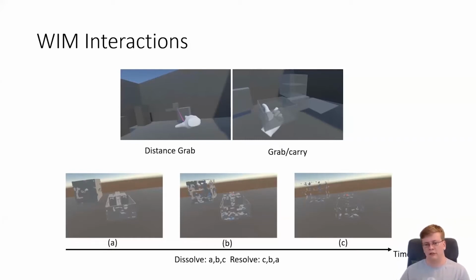He can grab it from a distance, and if it's not within line of sight, the user can press a button, and then a new miniature model will be instantiated in front of him. We visualize this process by dissolving the old miniature model, and at the same time we are resolving the new miniature model in front of the user.